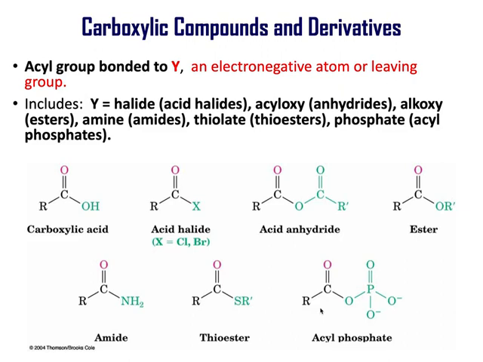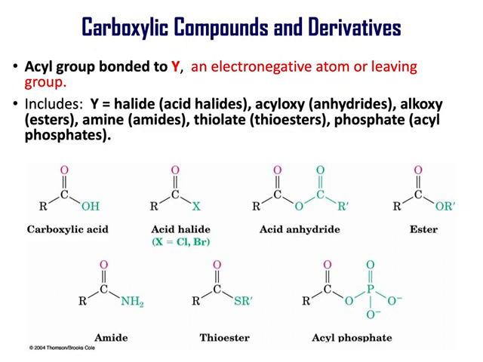So Y could be halide, acid halide, or acyloxy, anhydride, alkoxy, ester, amine, amide, thiolate, thioester, phosphate for acyl phosphate. So here are some examples of the acyl group, which is a carboxylic compound and its derivatives.